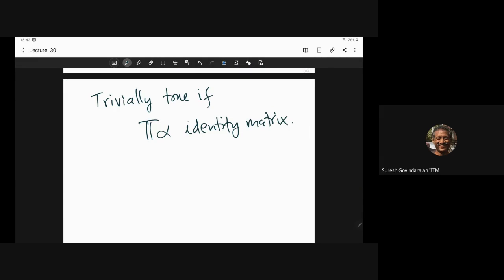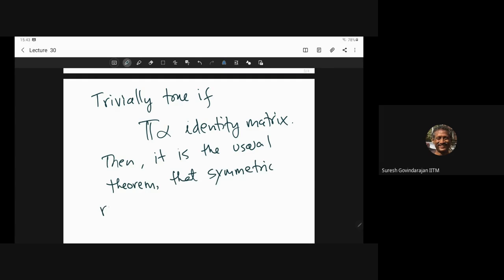Right? Then it is a usual theorem that symmetric real matrices have eigenvectors, enough eigenvectors.